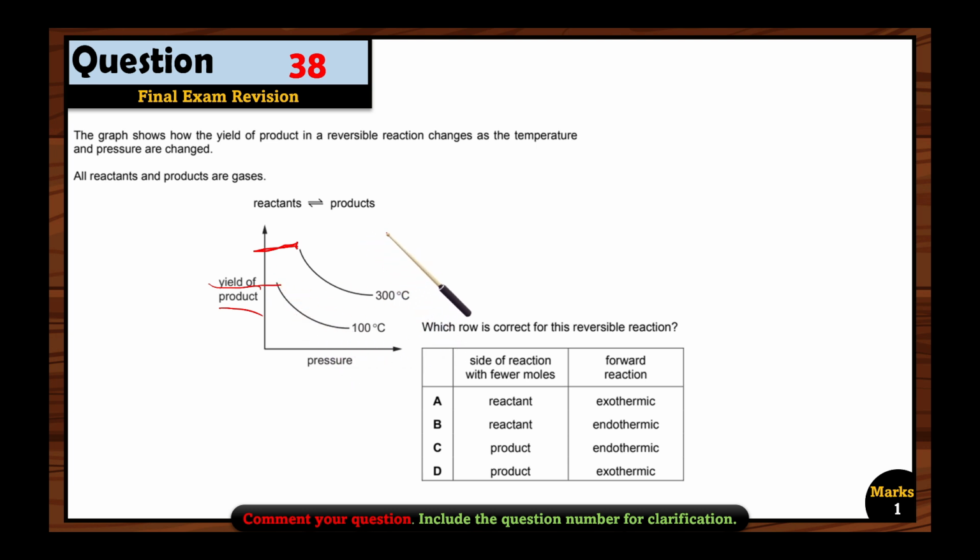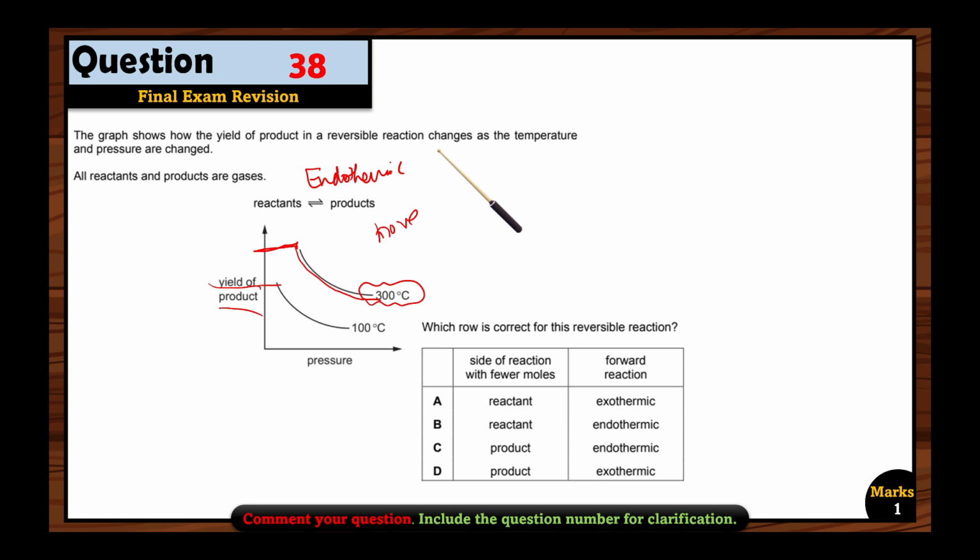But for 300, it was more, right? If you increase the temperature, the yield is higher. That means the forward reaction is endothermic. That's why increasing the temperature is favoring the forward reaction. You are getting more product.